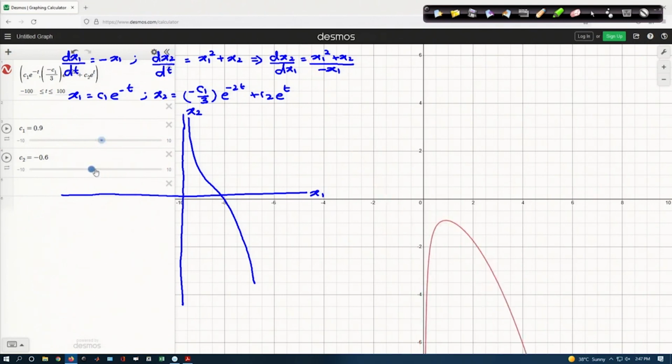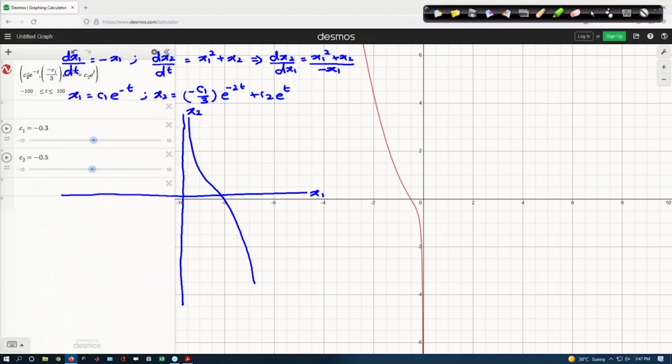I get this curve, and this curve, and this curve, and so on. So this is fine. This is exactly what we have punched in.